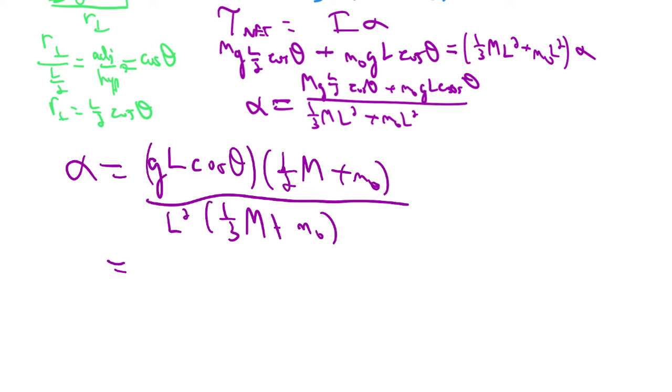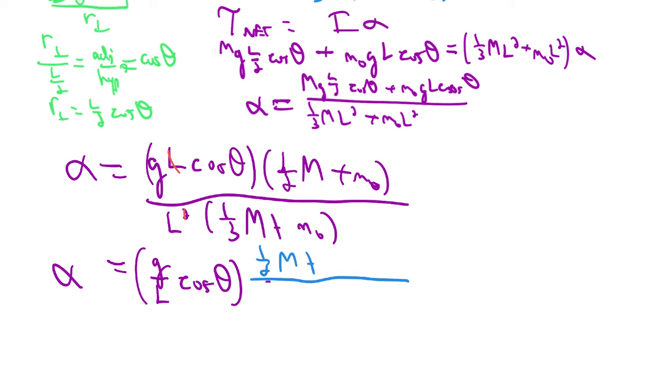We can cancel one factor of L. And we're left with alpha is g over L cosine theta times an incredibly annoying fraction, which is something like 1/2 the mass of the boom plus the bucket over 1/3 the mass of the boom plus the bucket.